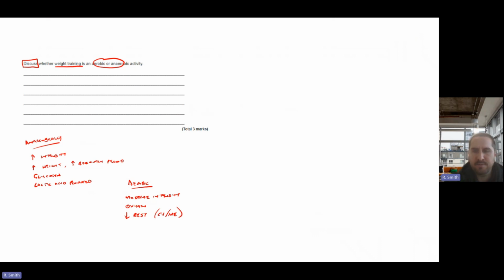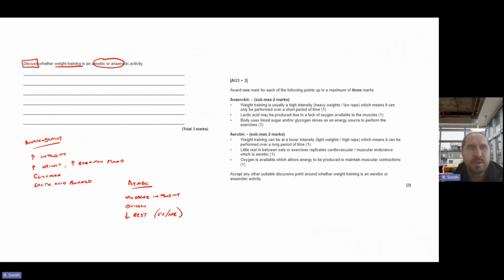So oxygen is available. So we would have to discuss whether weight training is aerobic or anaerobic, and it could be either. So therefore we would need to justify, if you like, that yes, it is anaerobic, but also it by every chance could be an aerobic activity, depending on how we structure the training session.